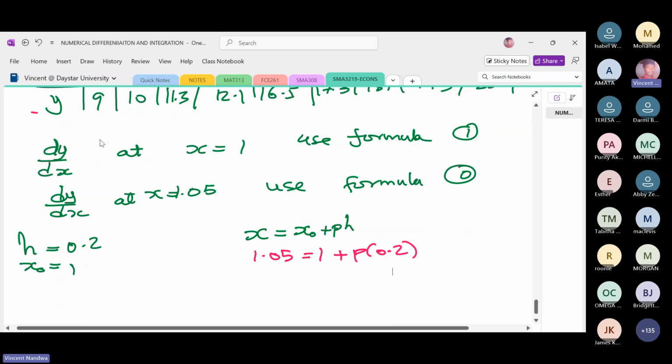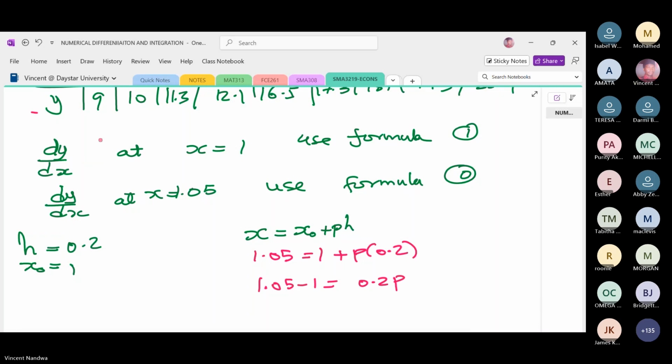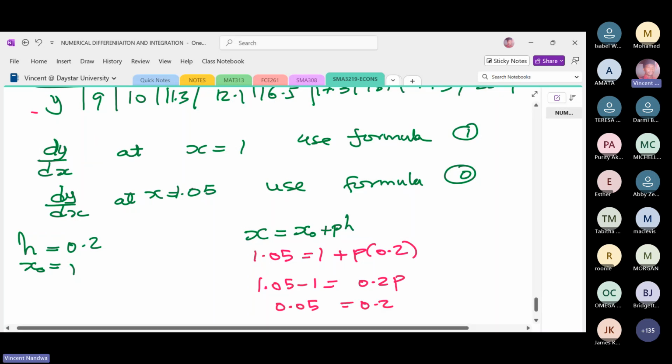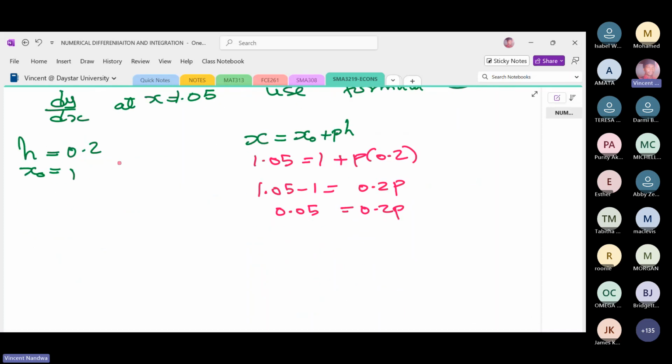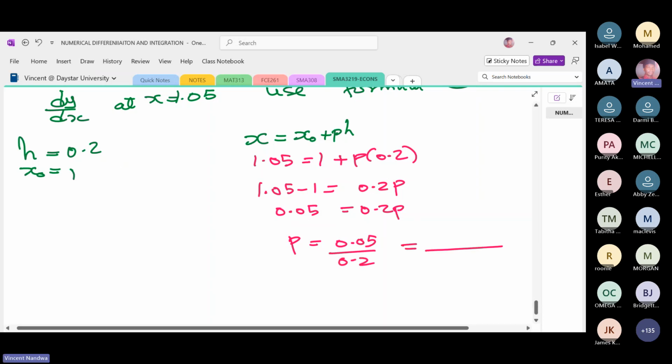So then you'll have 1.05 minus 1 equals 0.2p. So this is 0.05 equals 0.2p. Then we'll have p will be 0.05 over 0.2. So this will give you a number, the value of p.